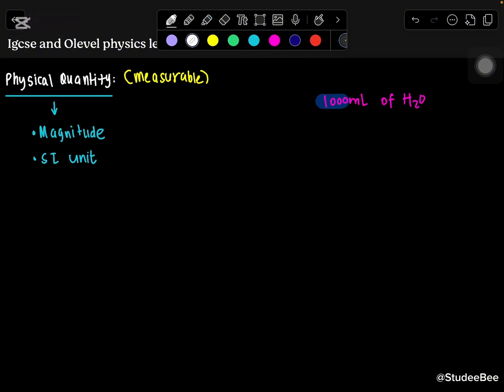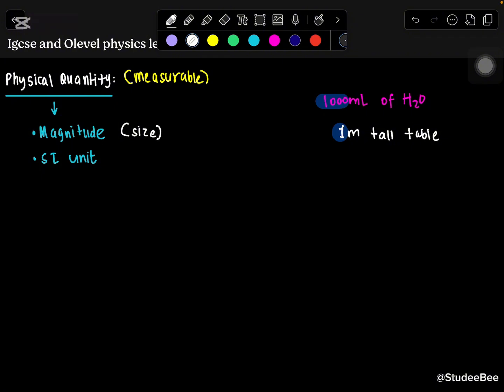Let's say your table has a length of 1 meter. The number 1 tells you the size of the table's length, right? So that number that represents the size of the physical quantity is the magnitude.